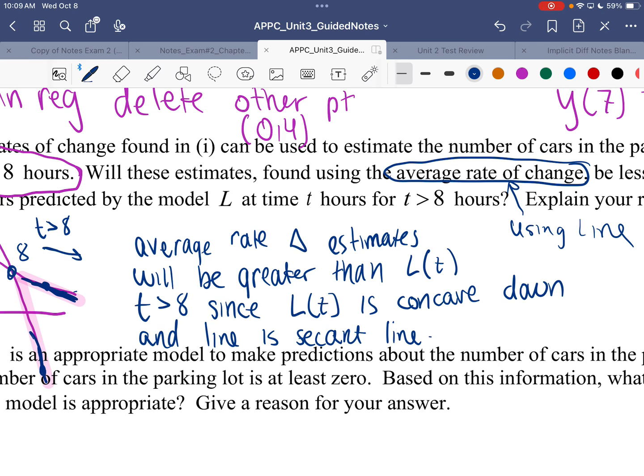So the average rate of change will be greater than the quadratic model when t is greater than 8, since L of t is concave down and the line is secant.